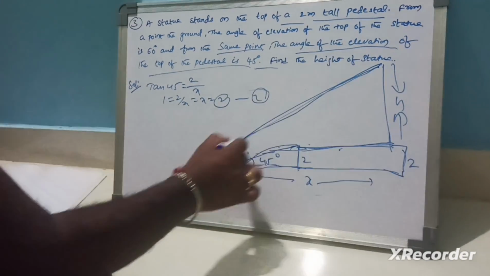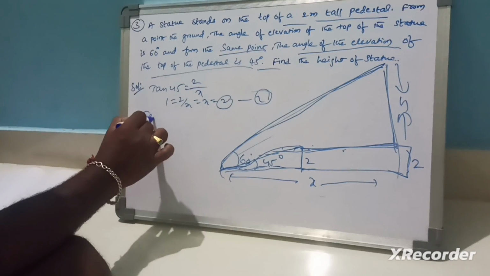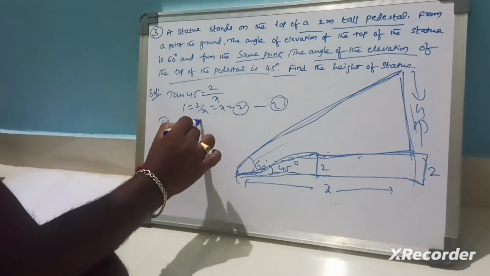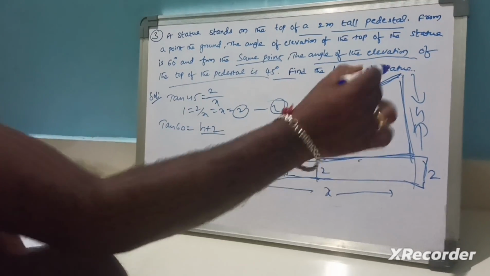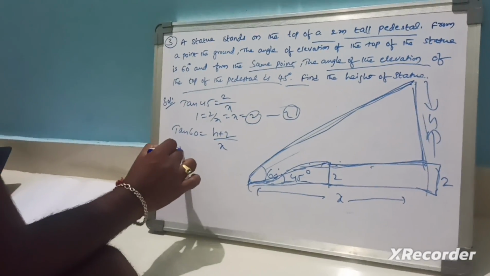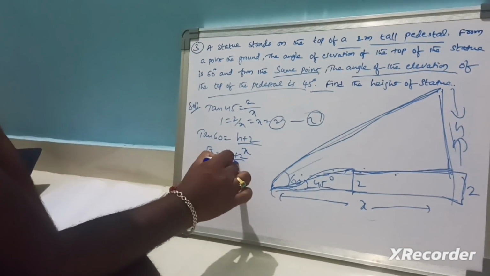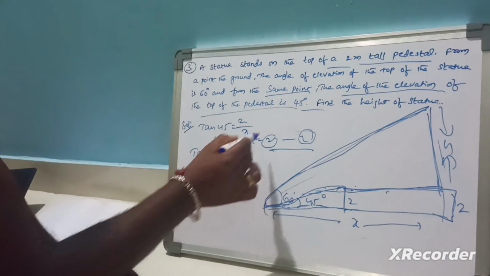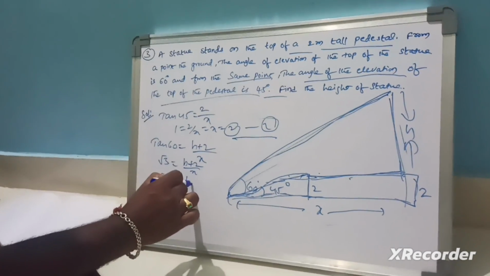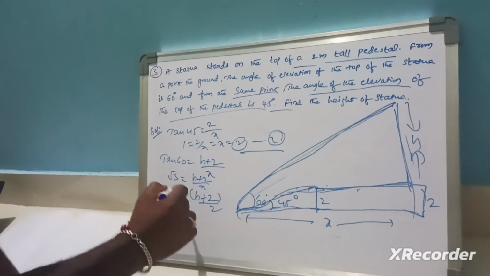Next I'm applying tan 60 in this diagram. What is the opposite side? h plus 2. And the base is x. tan 60 is root 3, equal to h plus 2 by x. We know the value of x from here, so root 3 equals h plus 2 by 2.